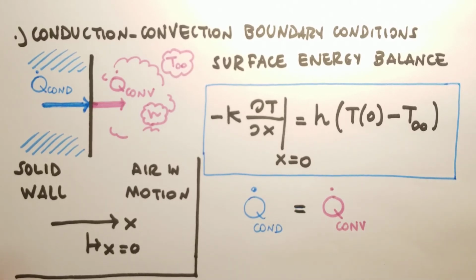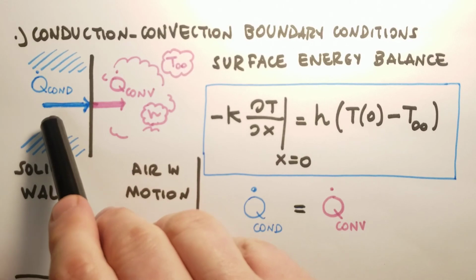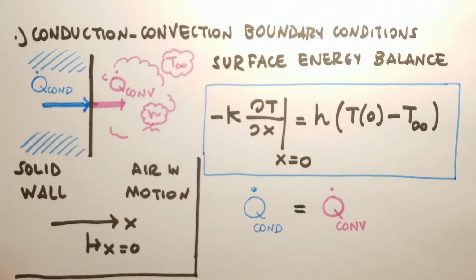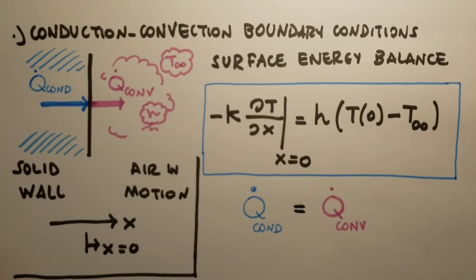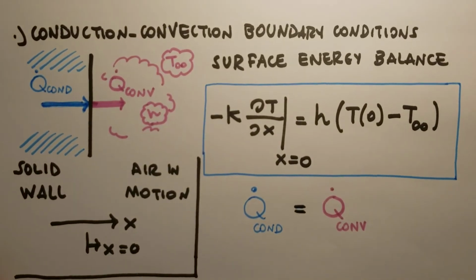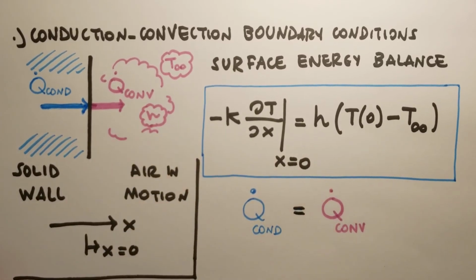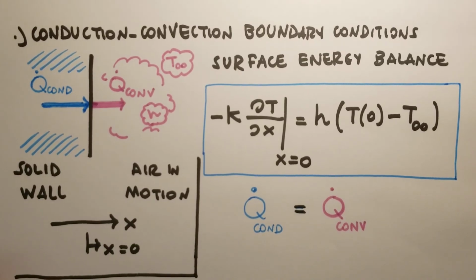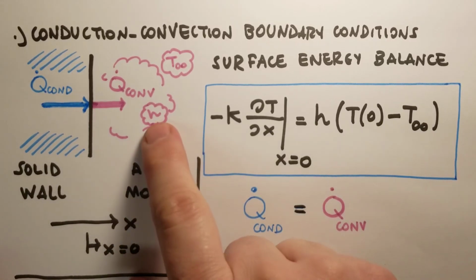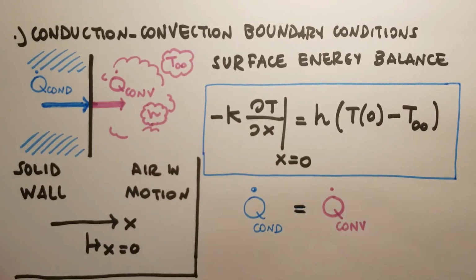In this solid wall, there's some heat conduction flowing, and this conduction must be equal to the convection outside, because this solid wall is exposed to some convection, some air in motion, for example, characterized by a certain heat transfer coefficient h, and the temperature far away from the wall is T infinity.